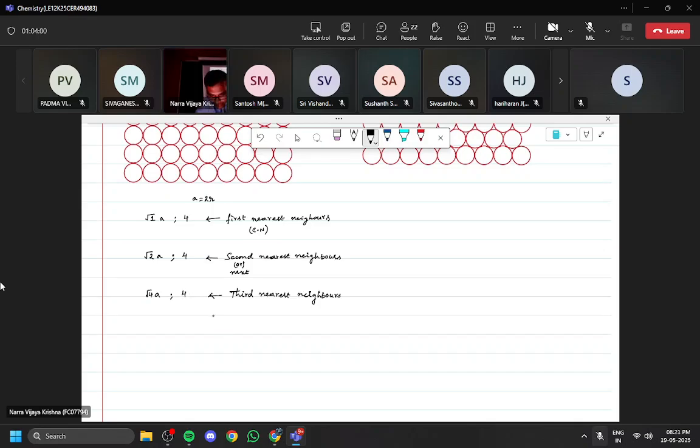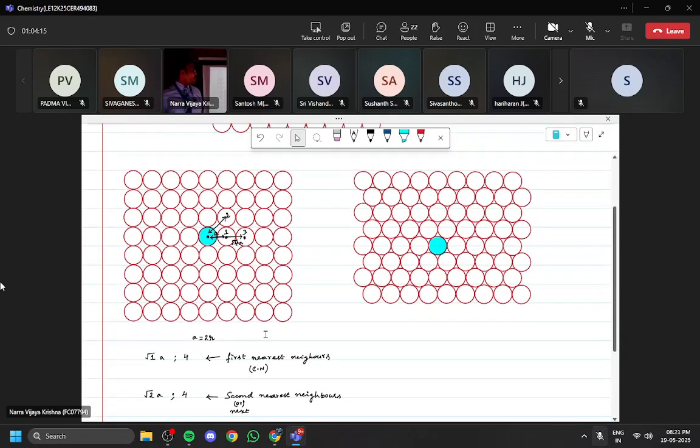Next, the number of fourth nearest neighbors. Who is the fourth? Root 8a? Can I say root 8a?